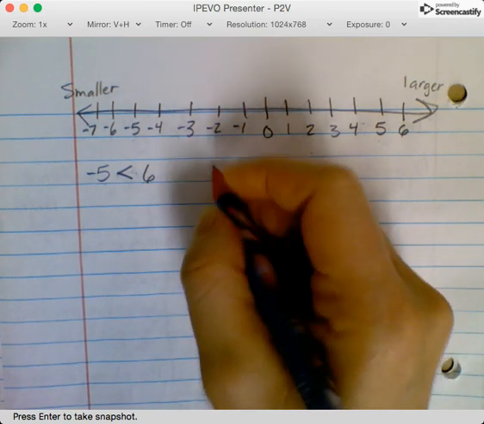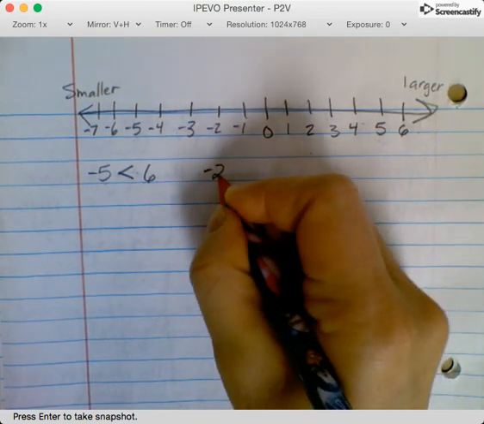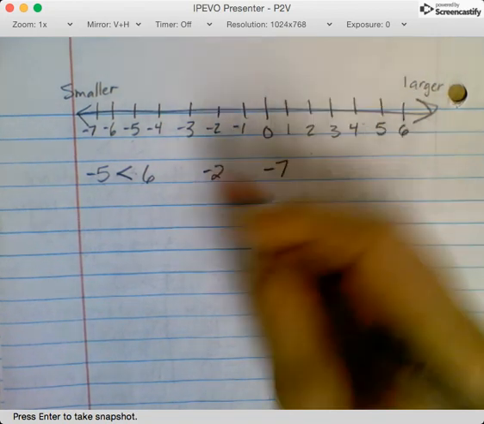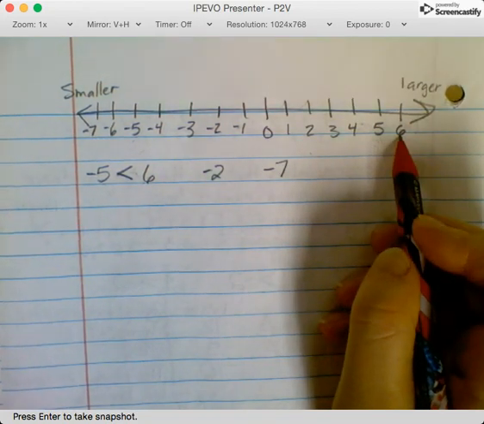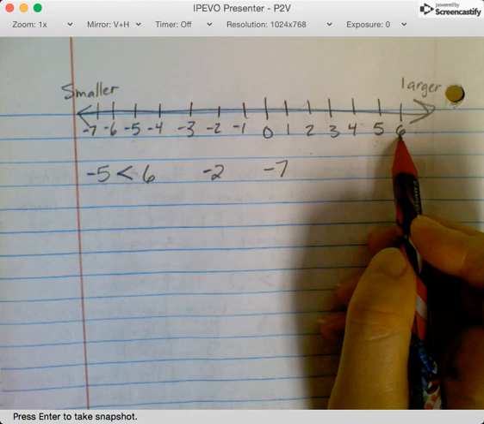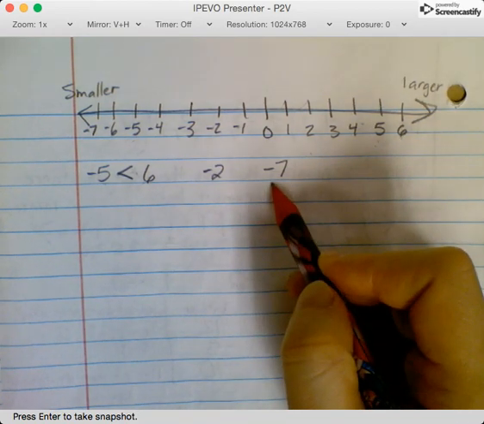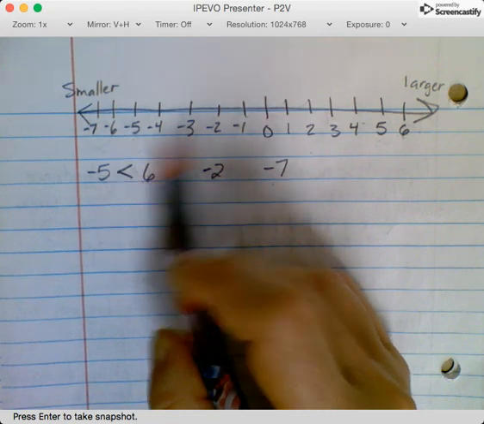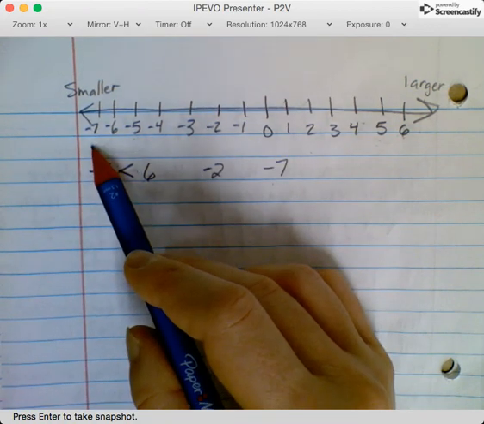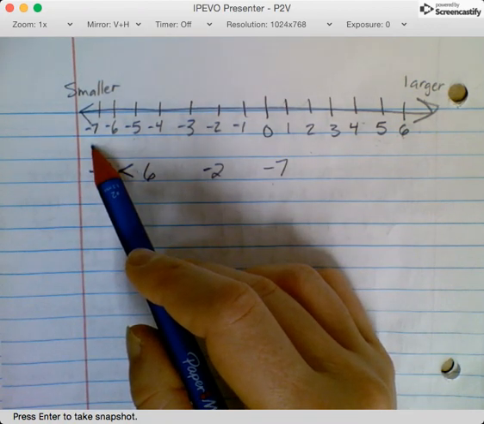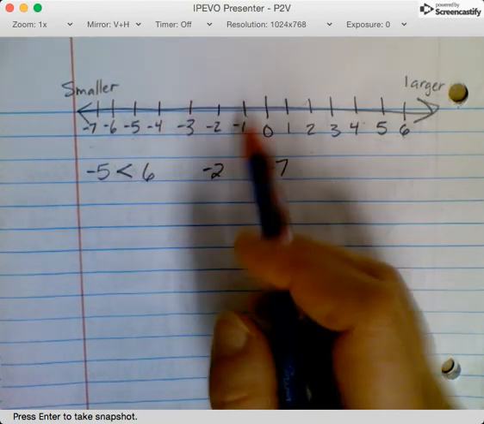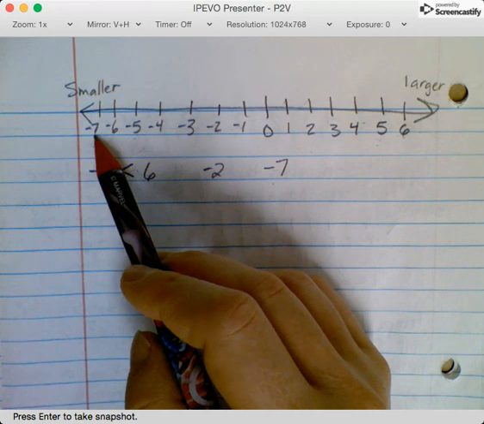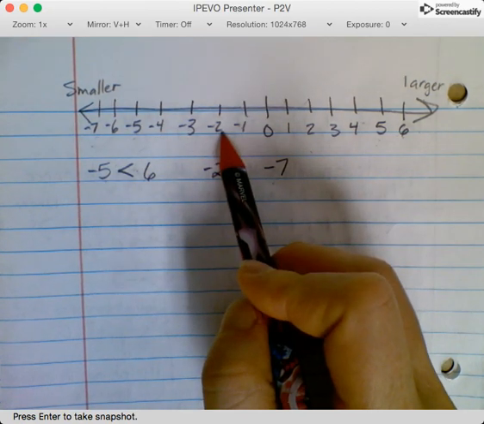If I'm comparing a negative and a negative, so -2 and -7. Now normally if I were on the positive side of the number line, 7 would be bigger. But on the negative side, if you look, they go in the opposite direction. So it is actually the opposite of what you would normally think. So -7 is smaller than -2.